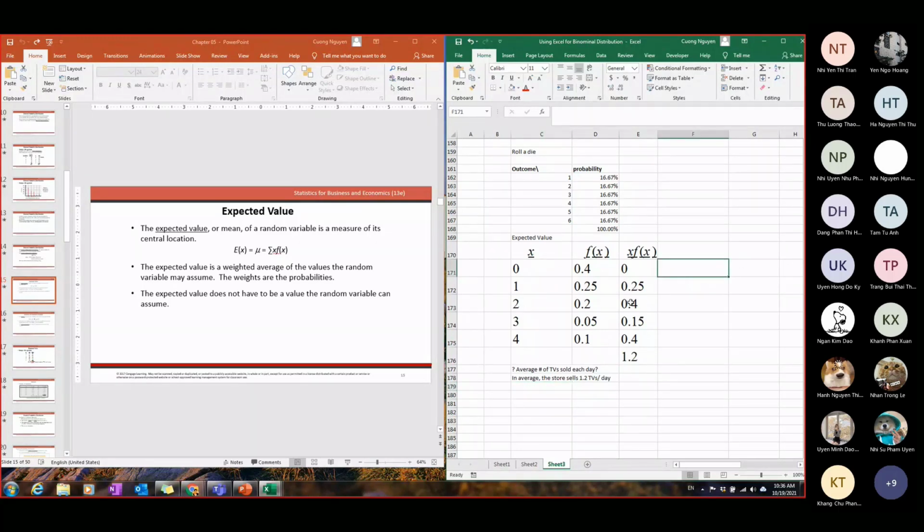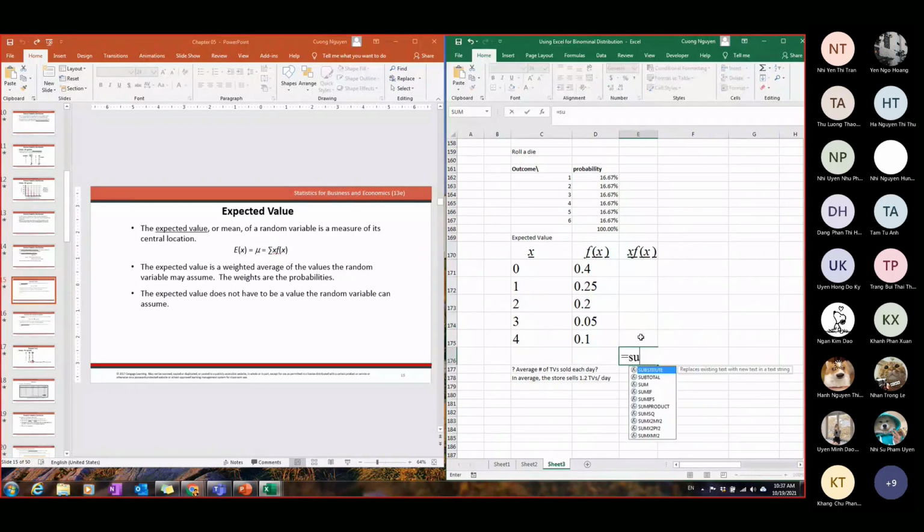Another way is to use the SUMPRODUCT function, if you don't want to spend time generating everything like this. It helps you calculate the sum of the multiplication of two arrays.